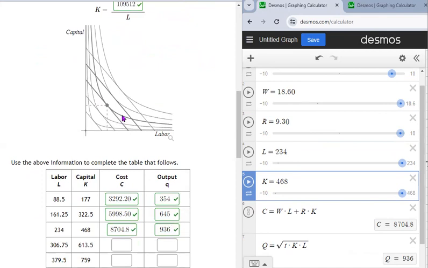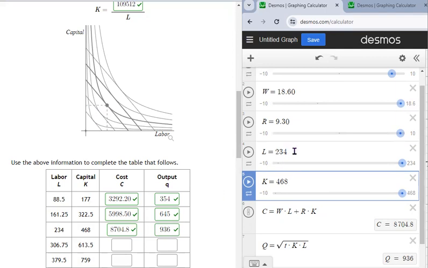Now on this isoquant curve, anywhere along this, right, as our capital labor ratio changes along this middle isoquant curve, we're able to produce 936 units. This downward sloping line that is tangent to it at this dot is the isocost line that represents minimum cost for output of 936. And that occurs when labor is 234 units and capital is 468 units.